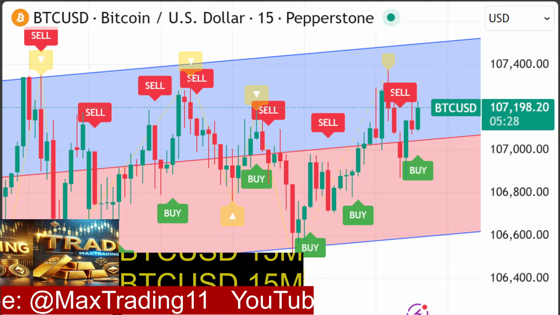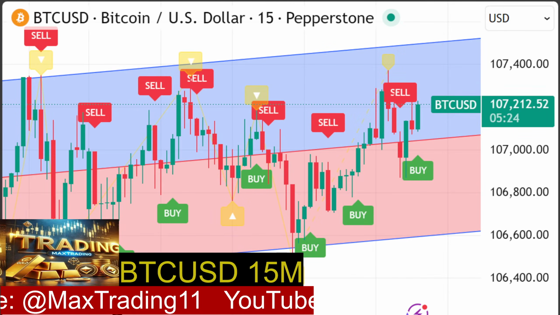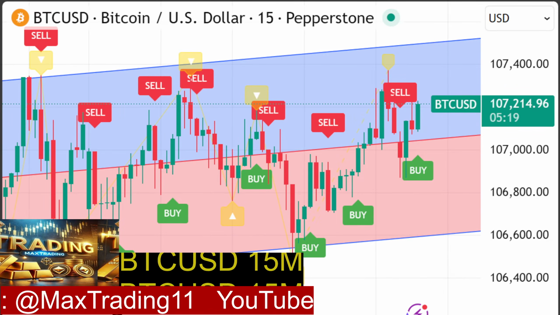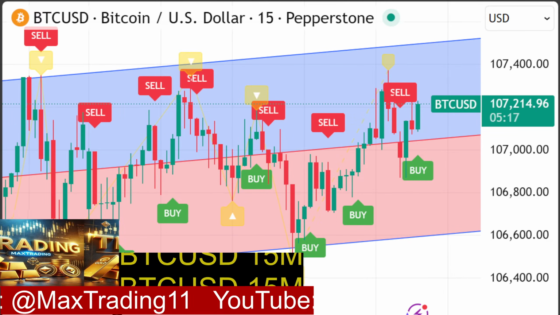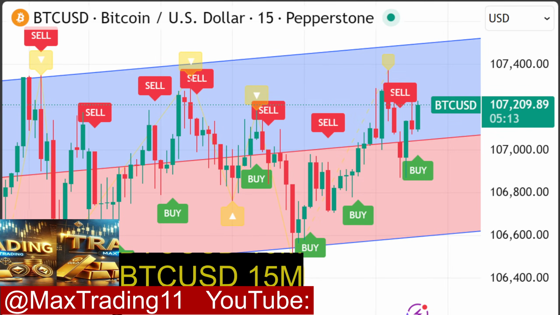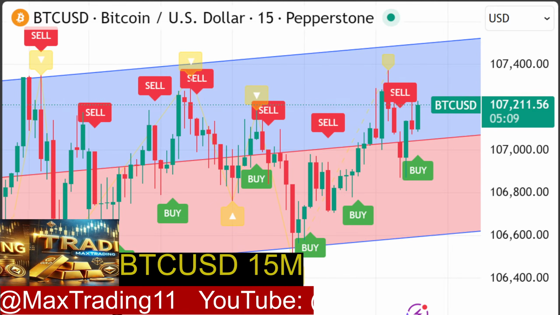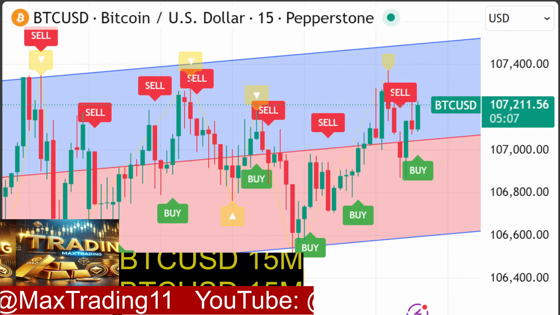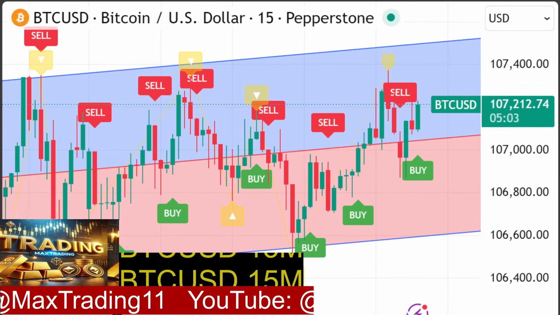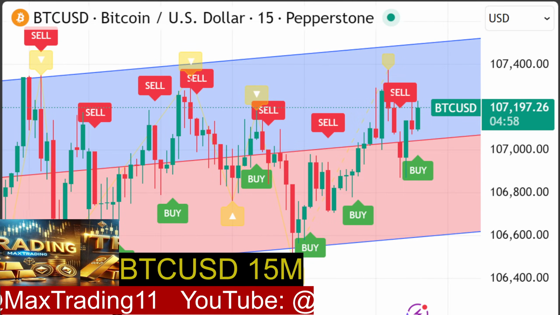7. Risk management framework. A key part of this analysis is discipline. The stream integrates voice insights about proper lot sizing relative to account balance, setting logical stop-loss and take-profit levels, avoiding over-leverage during high volatility periods, understanding drawdown psychology and recovery.